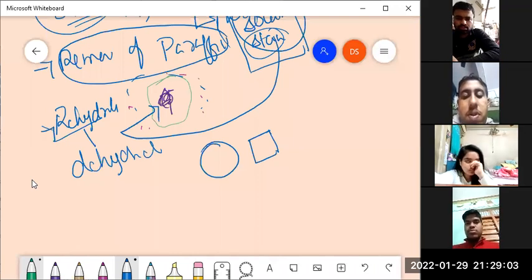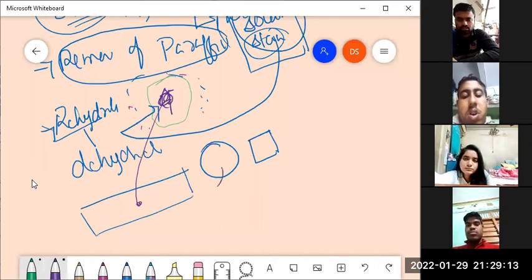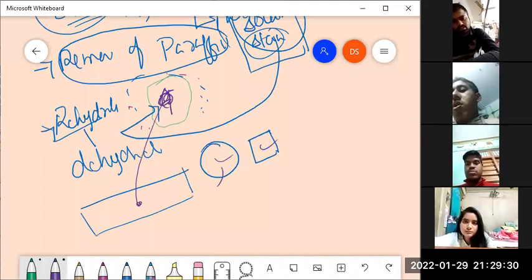Why? Because consider that this is the slide and we have put this tissue onto the slide. If we are not using these cover slips, in that case, the objective of the microscope can accidentally come in direct contact with this tissue. It can happen, right?